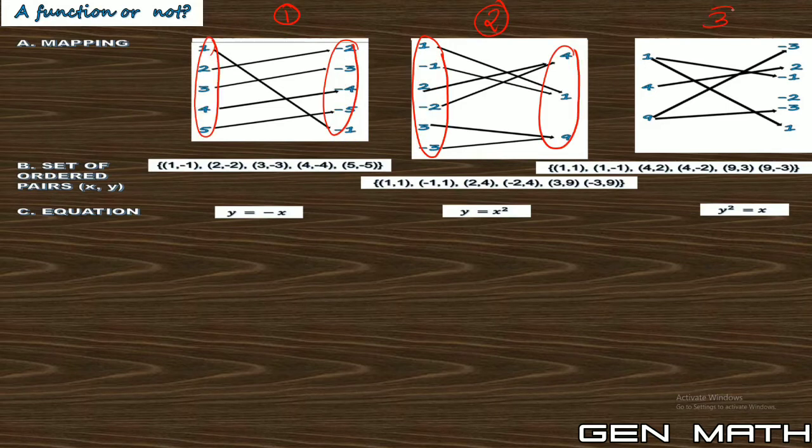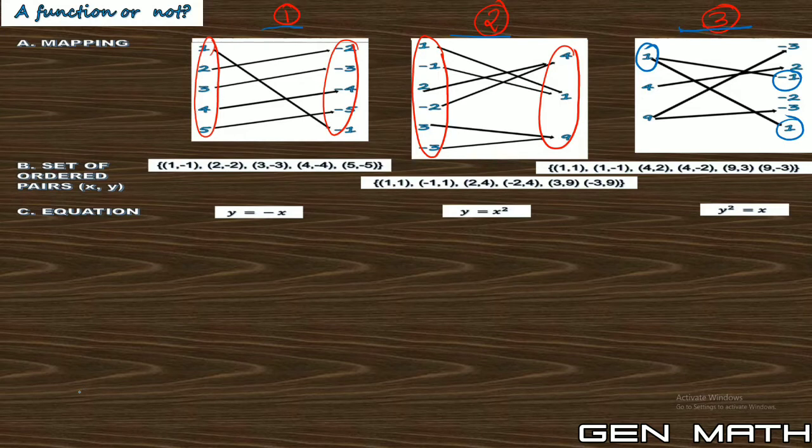In our third example, observe that you can find an element of the domain that is mapped to two elements of the range. For example, 1 is mapped to two elements of the range, which are -1 and 1. So from these three examples, examples 1 and 2 are functions, and example 3 is a mere relation.